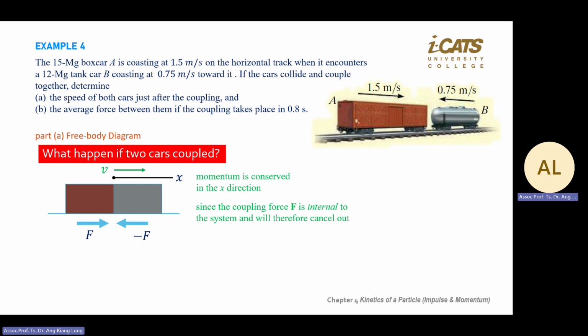Okay. Since the coupling force F is internal to the system, it will cancel out. So you write out the equation of principle of linear impulse and momentum. If the two objects join together, you straight away use conservation of linear momentum.